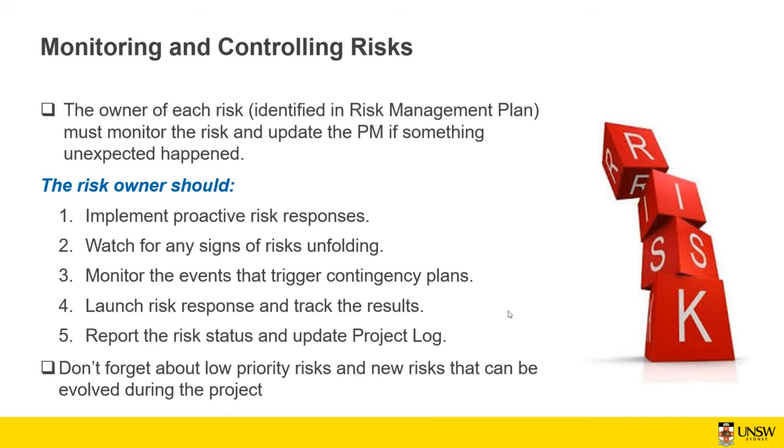And as a risk owner, the person needs to report the risk status and update the project log, so you as a project manager can also track how this risk is responded to and whether it's mitigated or escalated.